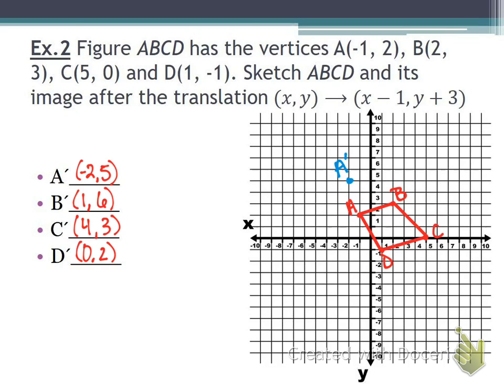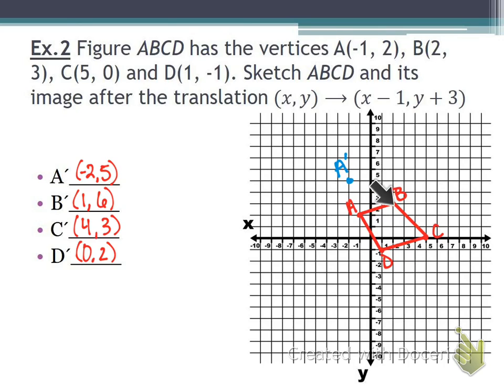I could, if I wanted to, have just taken my A point and said, well, x minus 1 means I'm going left 1 from there, and y plus 3 means I'm going up 3. So we could use our points to help us out.